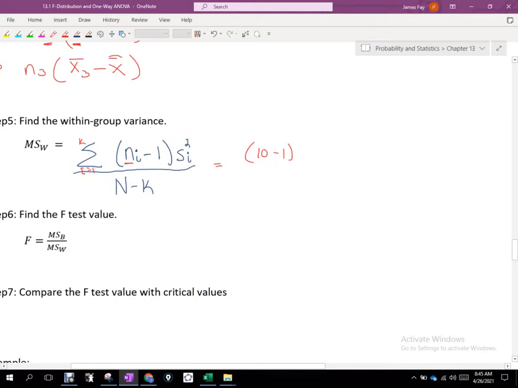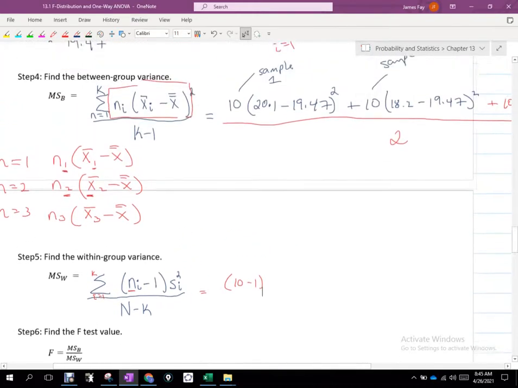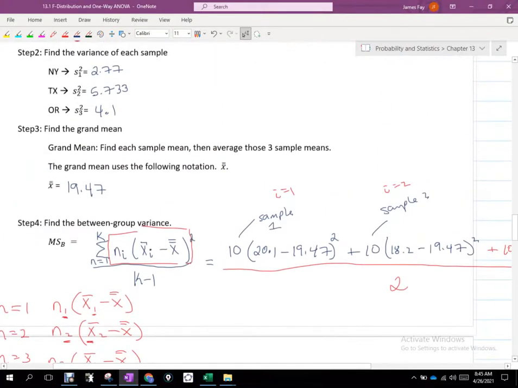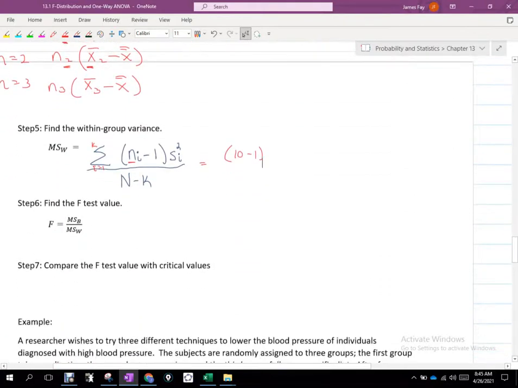Then we multiply that by the variance of sample 1, which was 2.77. Make sure that you understand that because i is 1, s sub i squared when i equals 1 would be s sub 1 squared. And that's the notation for variance, right?